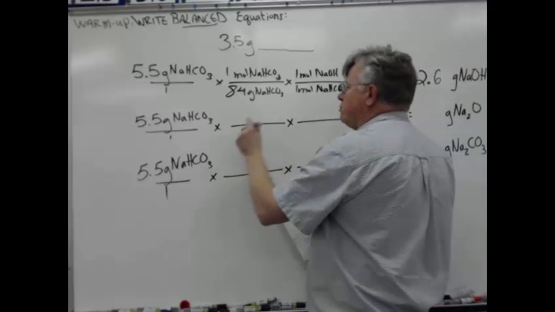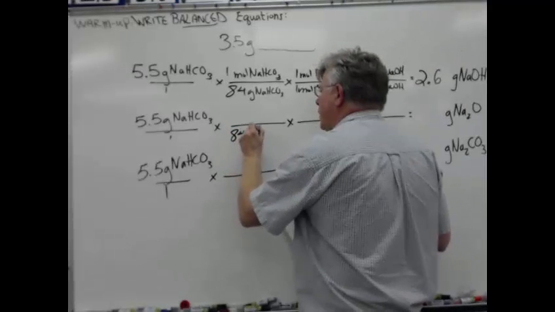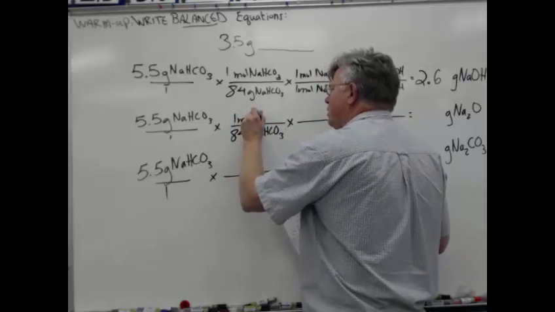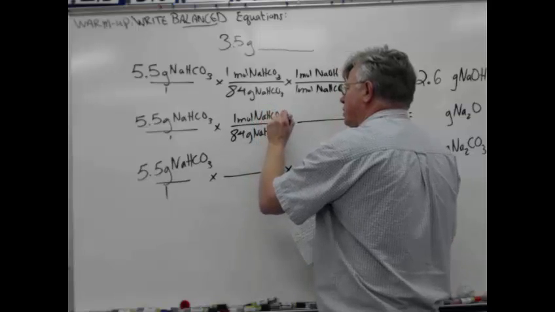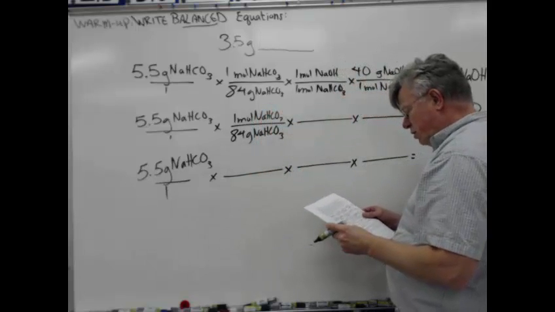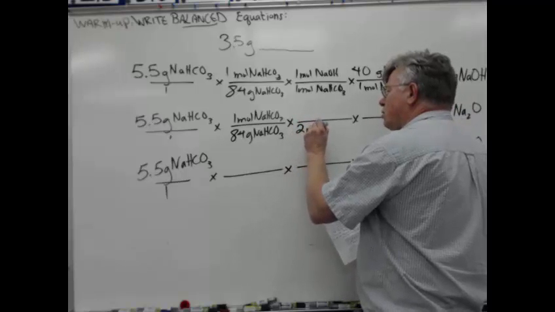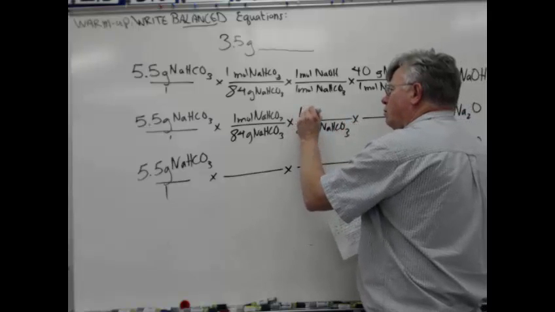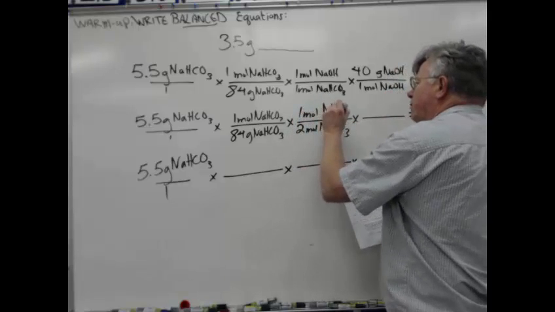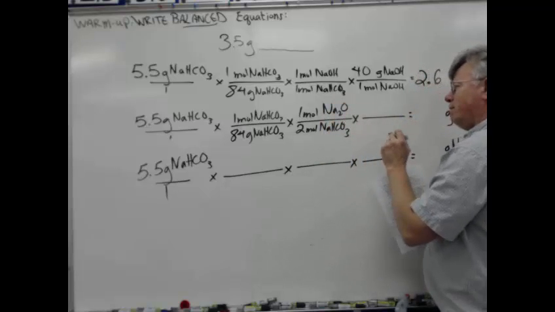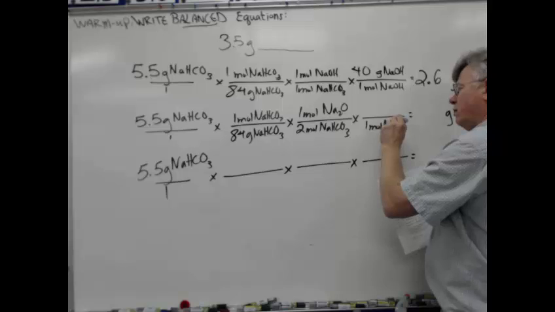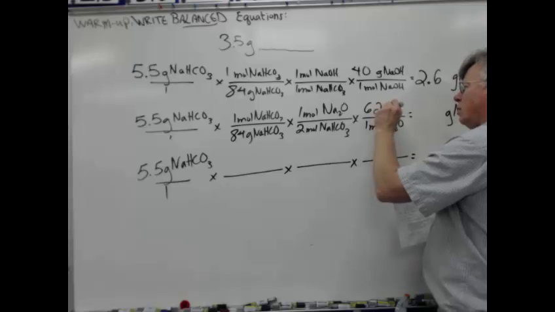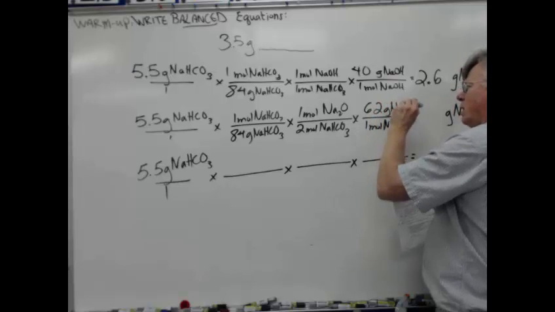Trying again, the first part will be identical. 84 grams of sodium hydrogen carbonate is 1 mole of sodium hydrogen carbonate. Now in this case, it was a 2-to-1 ratio. 2 moles of sodium hydrogen carbonate would make 1 mole of the theoretical product, sodium oxide, and 1 mole of sodium oxide is equal to 62 grams of sodium oxide.